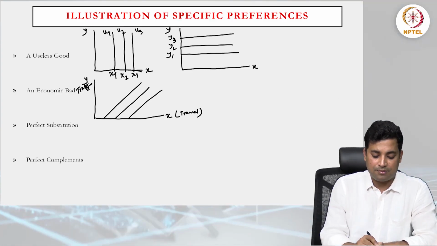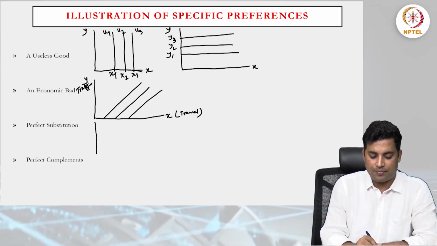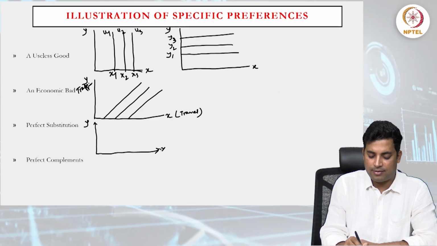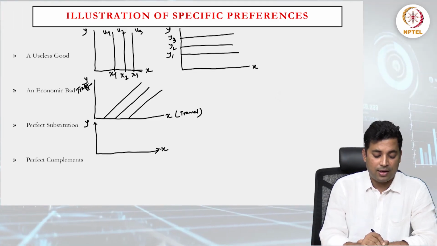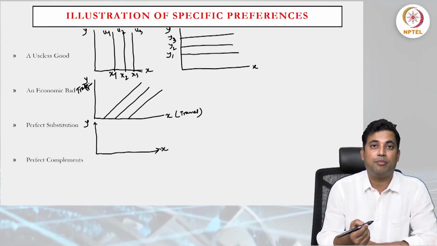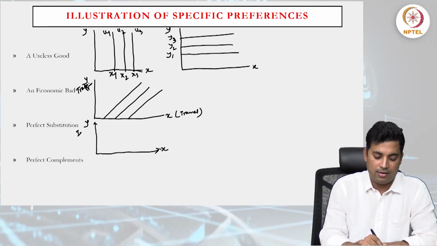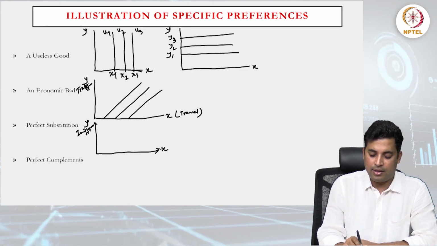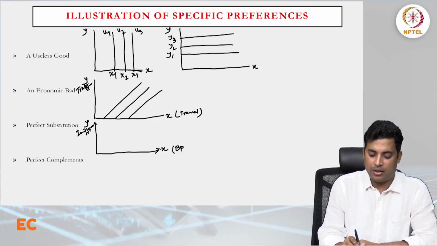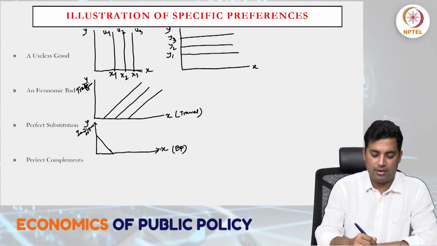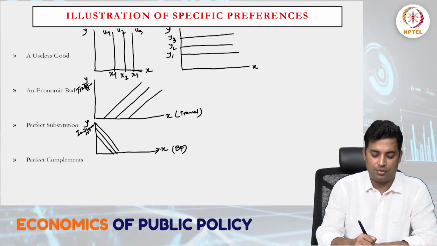In case of perfect substitution, again take two goods, y here and x on the axis. Take the example of petrol: Indian Oil here and Bharat Petroleum there. They are perfect substitutes for each other.